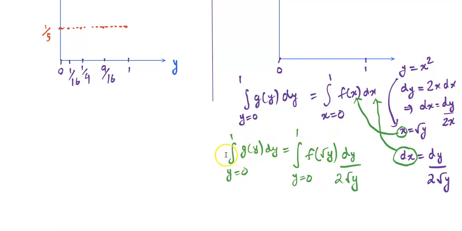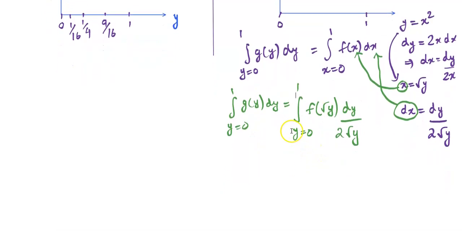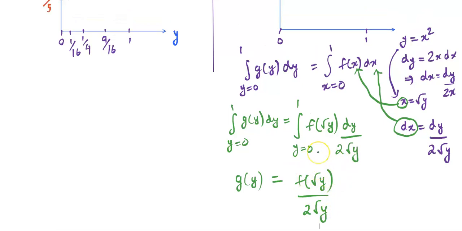And now we have two sides of an equation with an integral which have the same limits and the same variables, and so we can very easily equate the thing that we're integrating. So g of y must be f of square root of y divided by 2 times the square root of y. And what is f of square root of y?